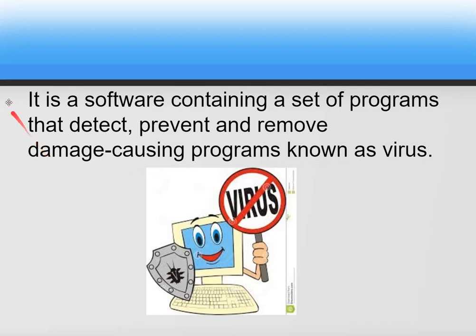Okay, so this particular software, antivirus, helps us in detecting those viruses and preventing them from entering into our computer. And even if somehow these viruses manage to enter into our computer, the antivirus removes them and makes your computer safe once again.